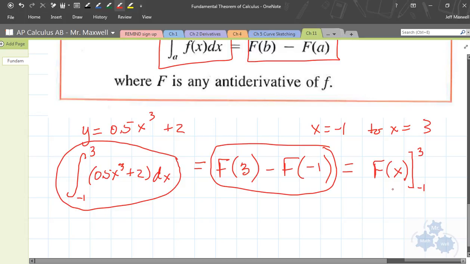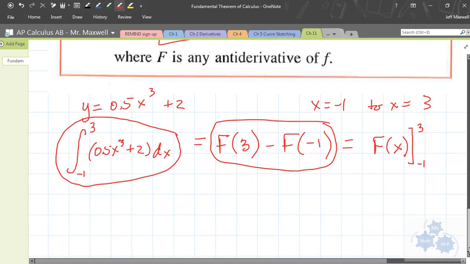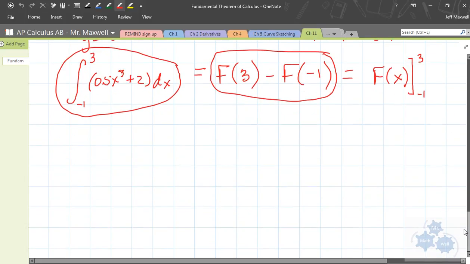Now, this is important. The integral does not always mean area under a curve. That's what it's commonly used to find, okay? So it doesn't always mean that, but that's the main thing that we're going to be talking about. All right. As we talked about at the top, the indefinite integral. Indefinite means it's not definite.